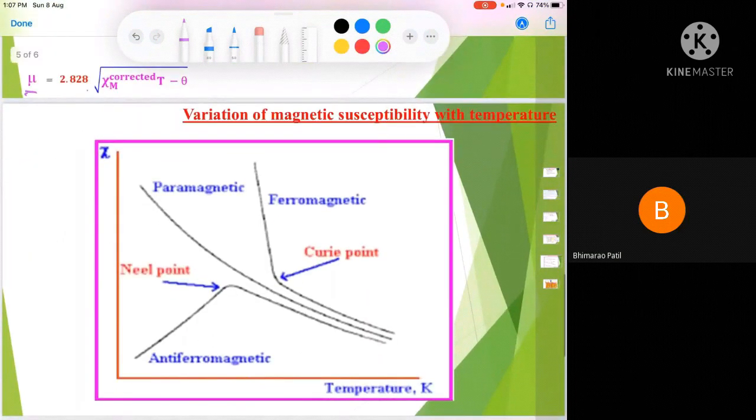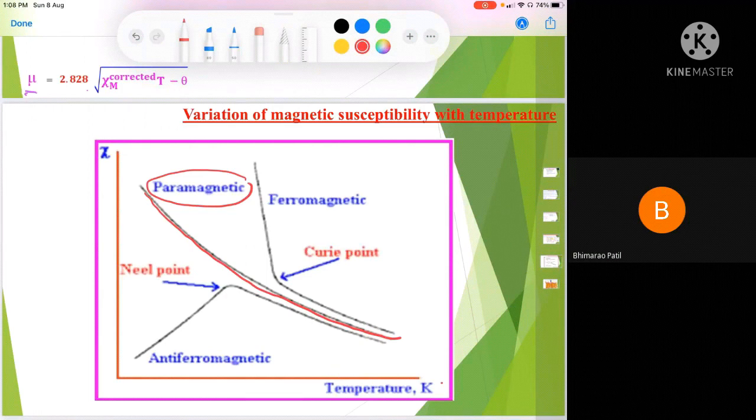Then the variation of the magnetic susceptibility with temperature. Here I summarize it in one graph, molar susceptibility versus temperature. If you consider paramagnetic substances and measure the molar susceptibility with respect to temperature, you see the molar susceptibility decreases with temperature and gives a parabola curve.